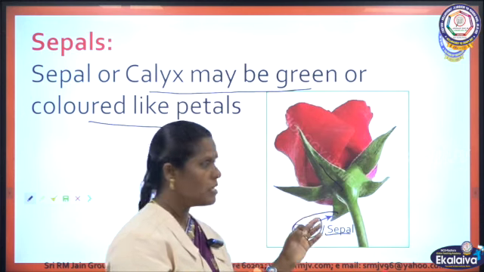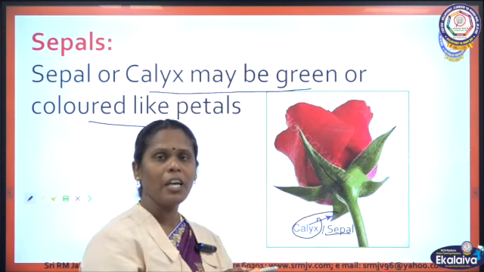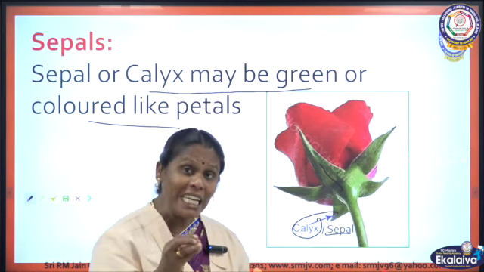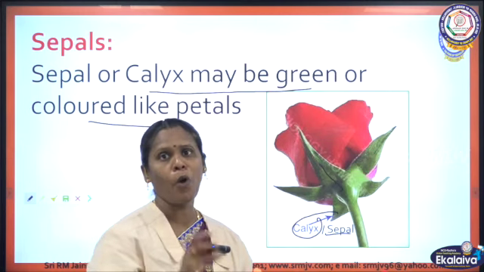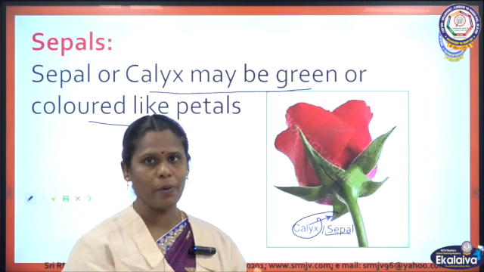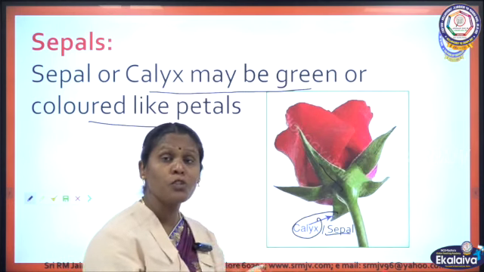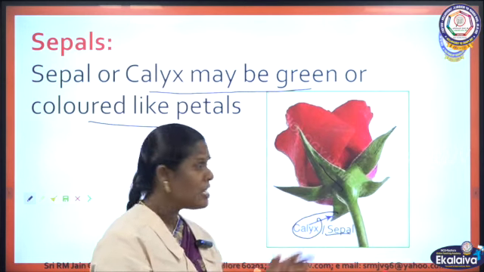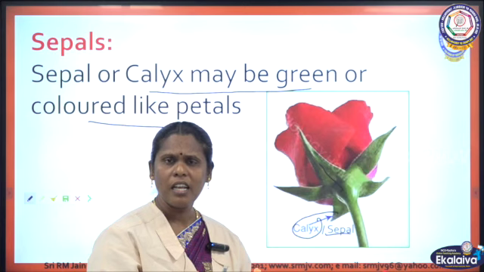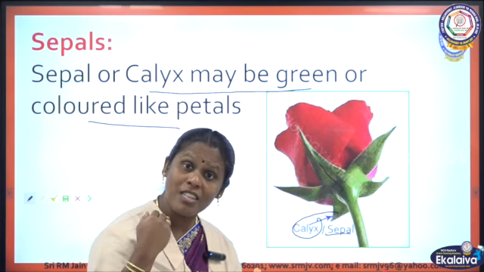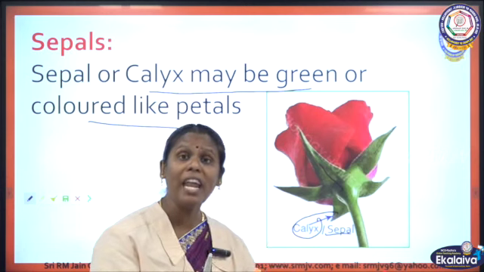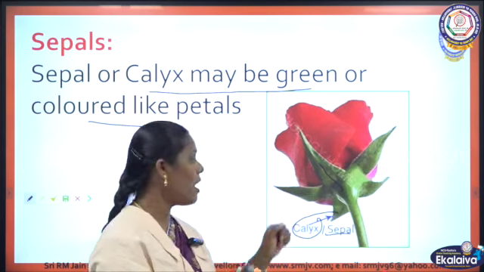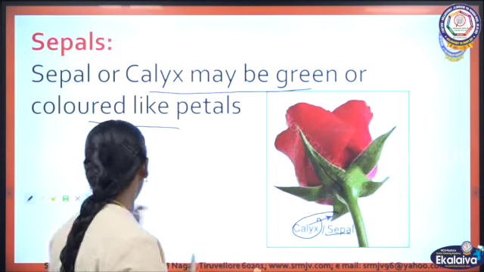This sepals encloses the flower buds and protects them before they blossom, right? So the sepals protect the buds of the flower. Then some of the sepals can photosynthesize too. So the second part is the sepals, right?